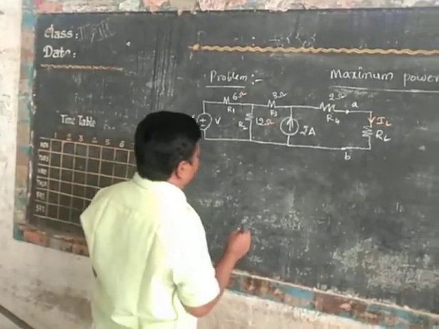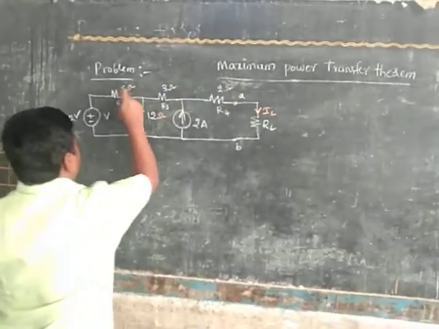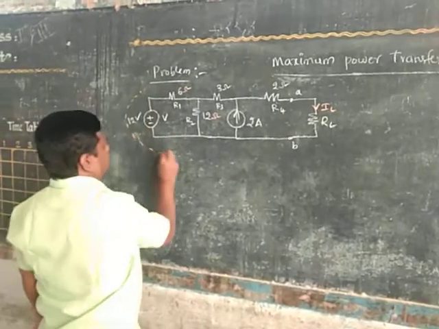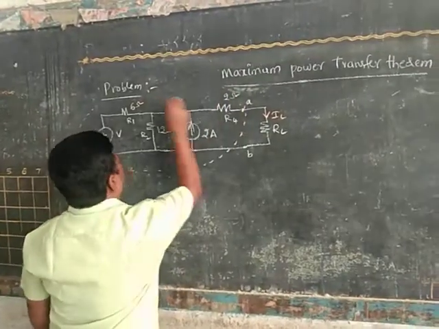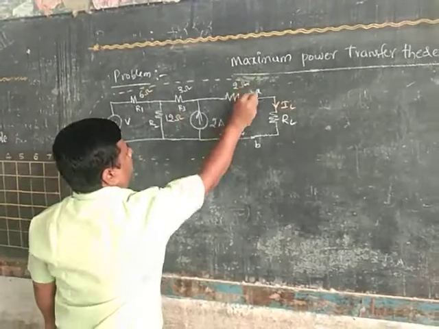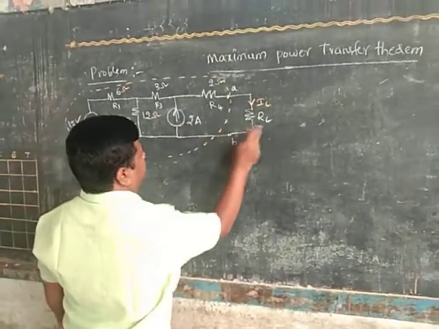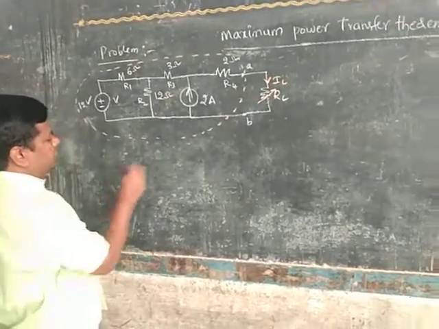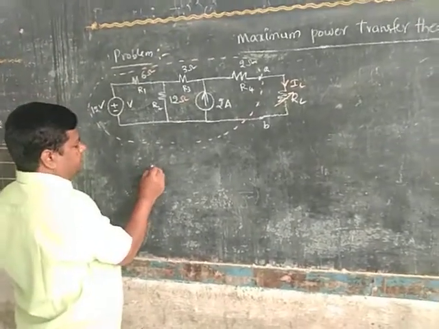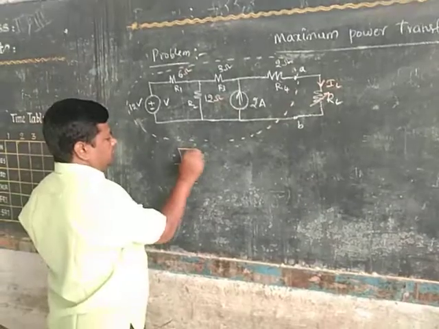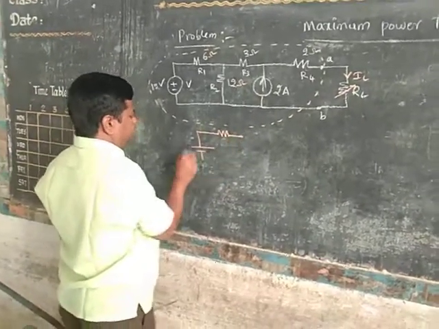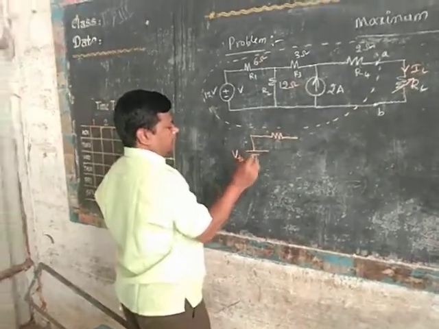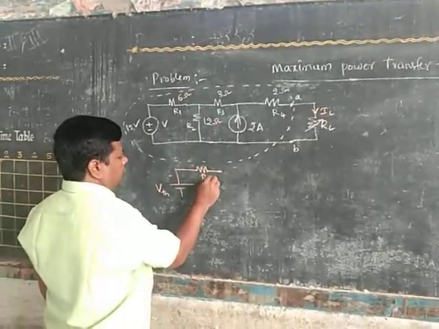Here first of all, this entire network, this is the network. This one is variable, remaining all are fixed. This entire network can be replaced with an equivalent V Thevenin and R Thevenin.